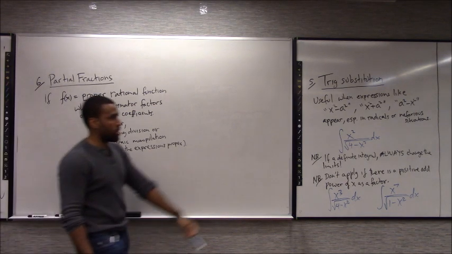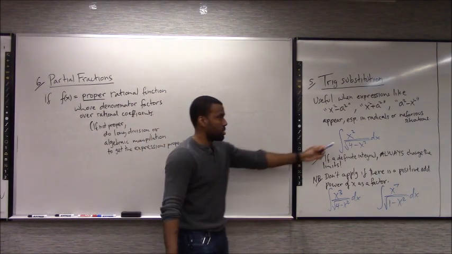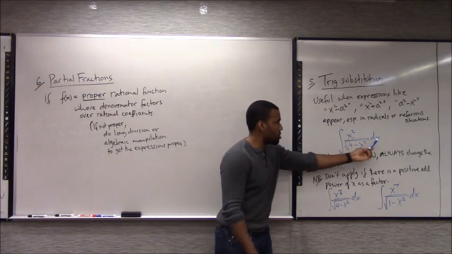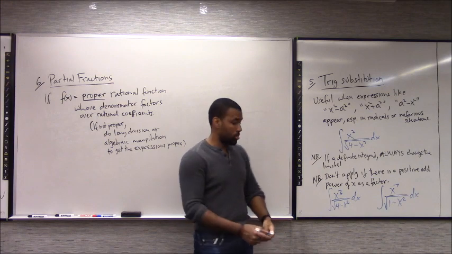So, notice that partial fractions could not work in this case because that is not a rational function because of the radical. If I didn't have the radical, then I probably would have thought of that as a partial fraction problem.